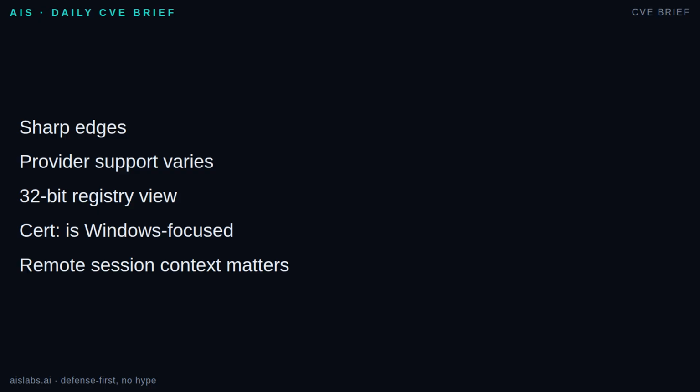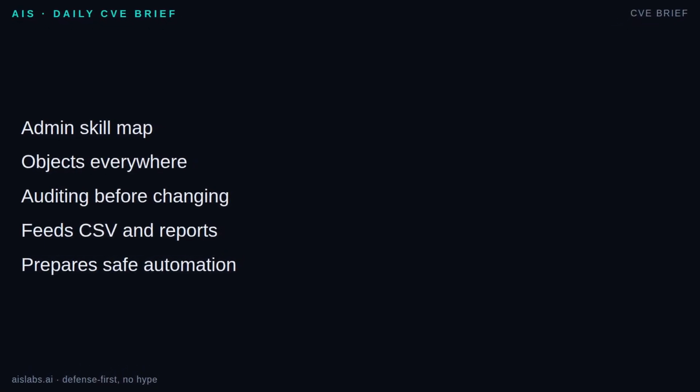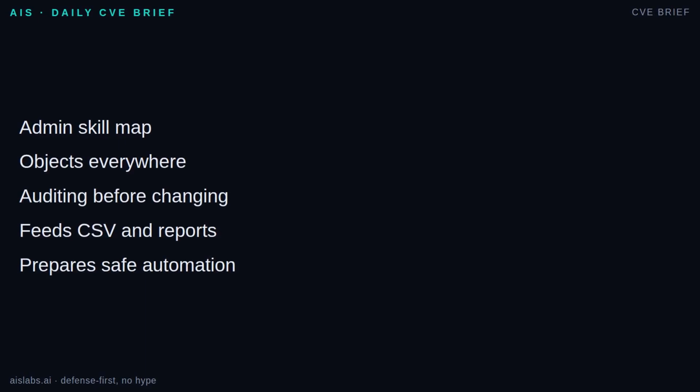And when you use remoting later, remember that CurrentUser means the remote session identity, not magically the person sitting at the keyboard. Providers are one of those foundation topics that pays rent for years. They connect the object pipeline to real Windows administration, registry inventory, certificate hygiene, environment review, and variable inspection inside your own session.